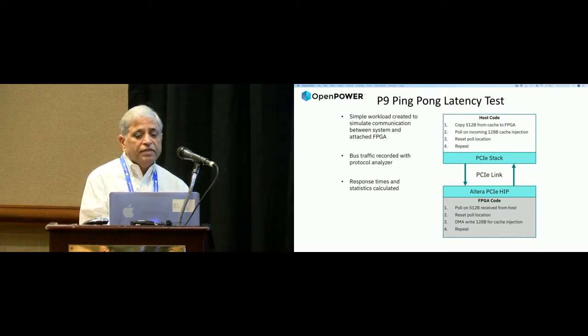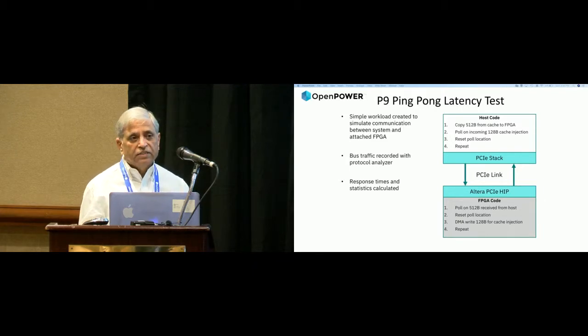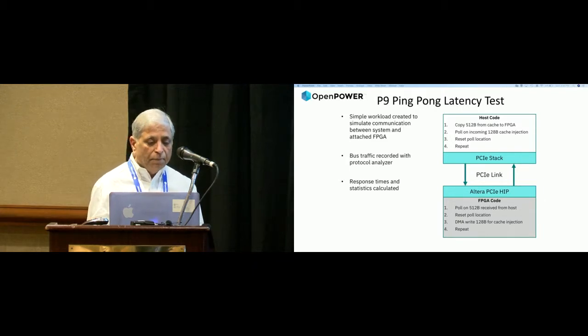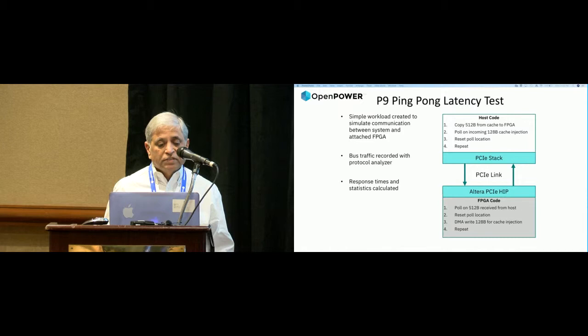For that reason, we had an FPGA adapter. What that adapter does is basically turn around data from the host, so we get both directions. It's a very simple workload because we are focused on just the PCI latency part of it, and it simulates the communication over the bus.